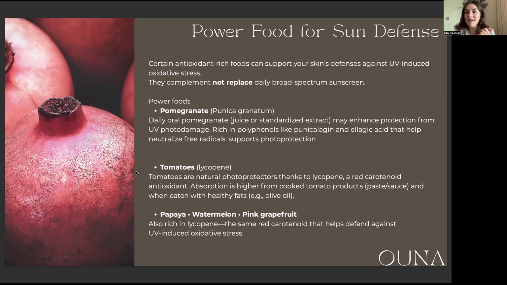So from pasta or sauce, so Italians, yes, it's really helpful for sun damage, especially when you eat them in combination with olive oil. However, papaya, watermelon, and pink grapefruit have that same lycopene as well. So really, you can eat your skincare too. What I always suggest is to combine your protection outside with the inside, as your skin has two sides as well.